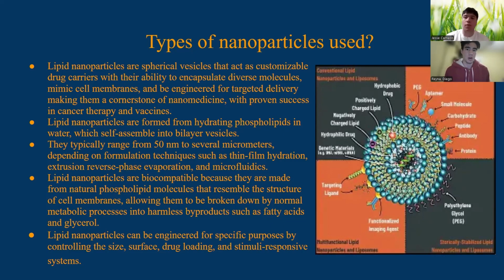That way, you don't over or underdose the amount of medicine that the patient is going to need for their specific area of cancer. And, in regards to making them responsive to triggers, these lipid nanoparticles can be engineered to release drugs only in the acidic tumor environments or basically wherever the cancer might be present.